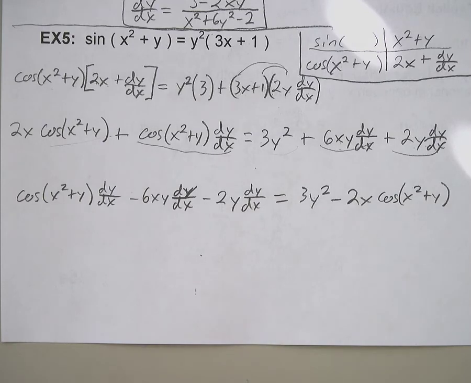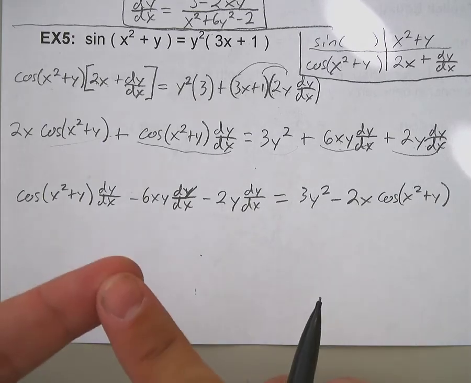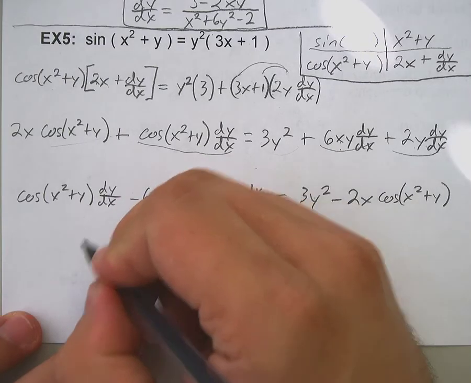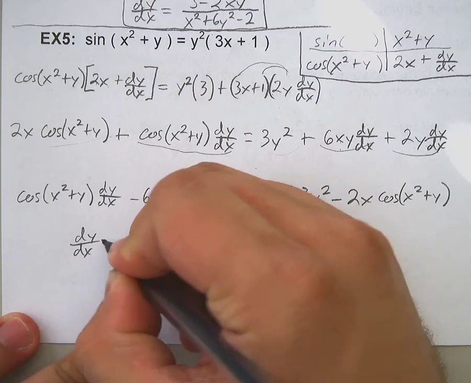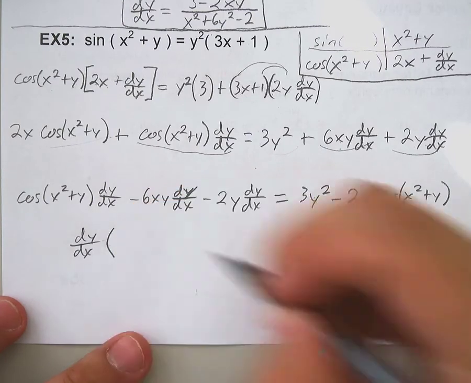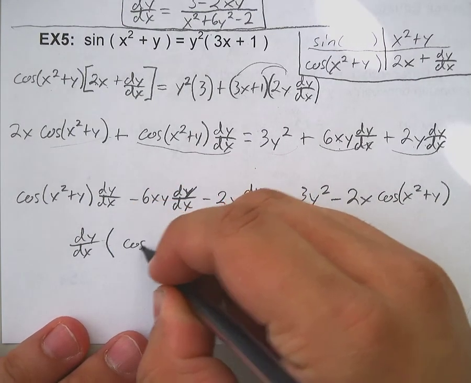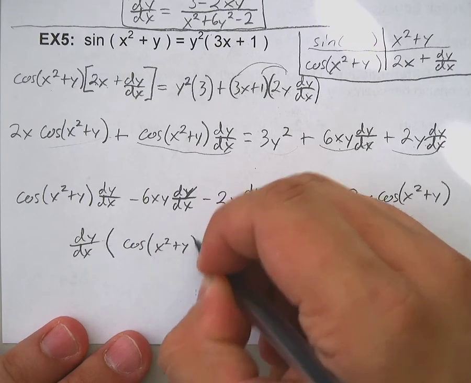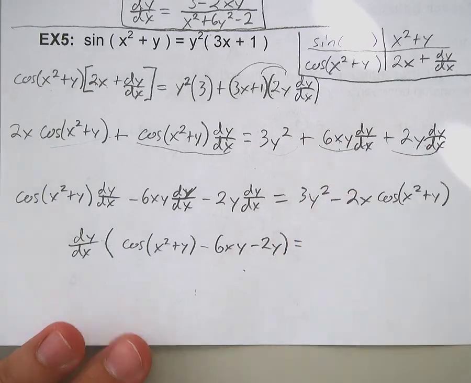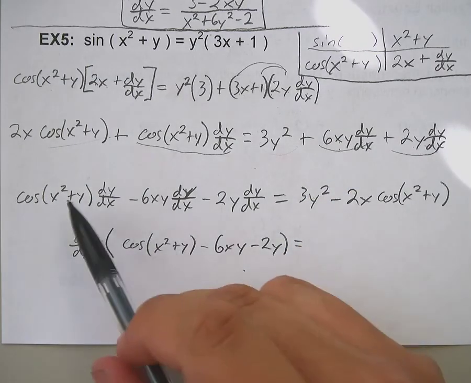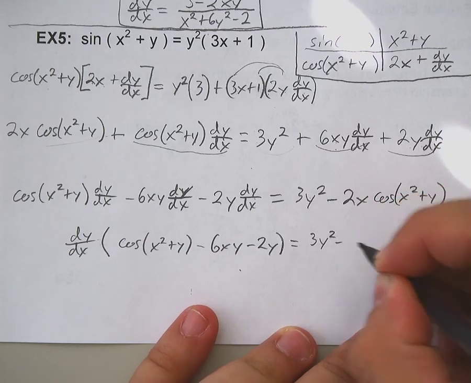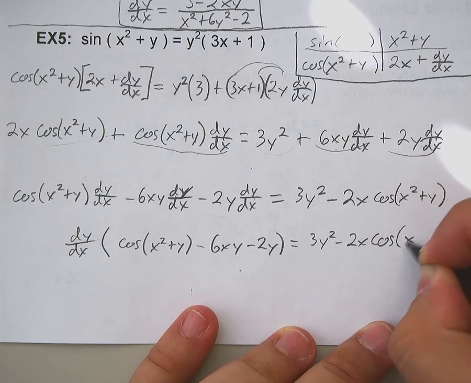I'm 2 steps away from being finished. All I have to do is factor out my dy dx and solve. So I'm going to have dy dx times, if I factor it out, cosine of x squared plus y minus 6xy minus 2y. Factored my dy dx out of all those terms, here, here, and here, is equal to 3y squared minus 2x cosine x squared plus y.